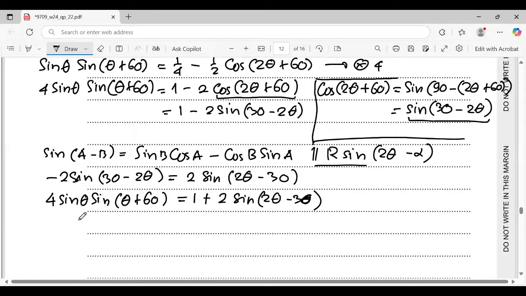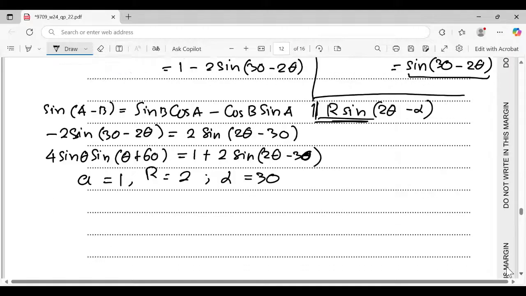So based on this form, a equals 1, and then r equals 2, and then alpha equals 30. That one. Next question, B.